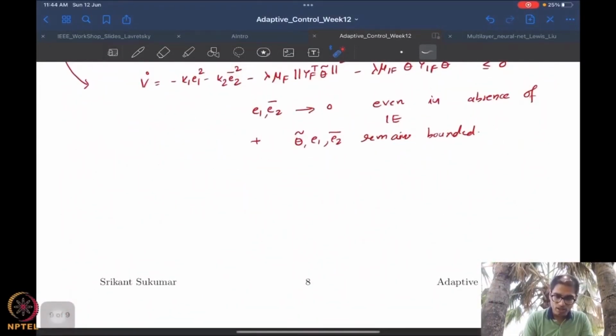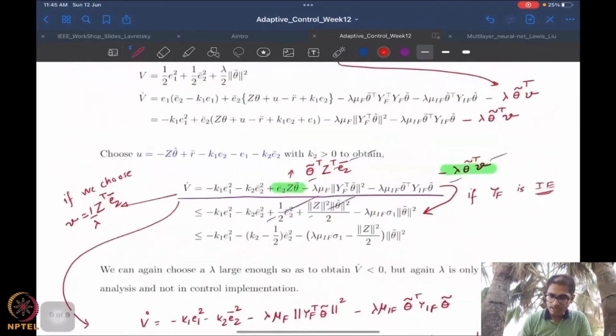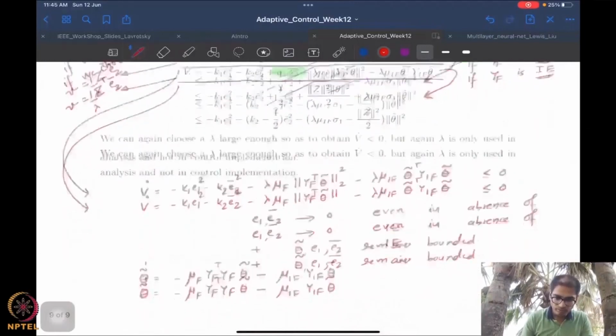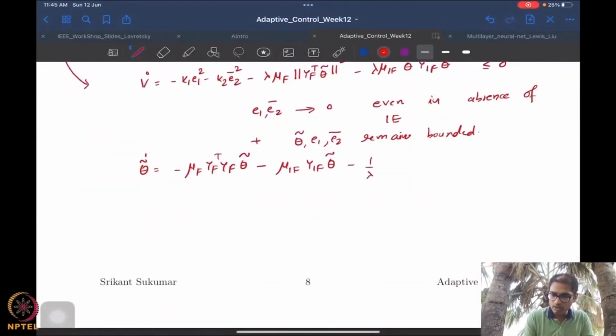If I write it out here, theta tilde dot is minus mu f Yf transpose Yf theta tilde minus mu if Yif theta tilde, and then minus 1 over lambda Z transpose E2 bar.